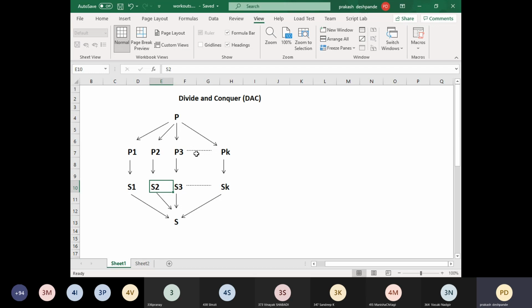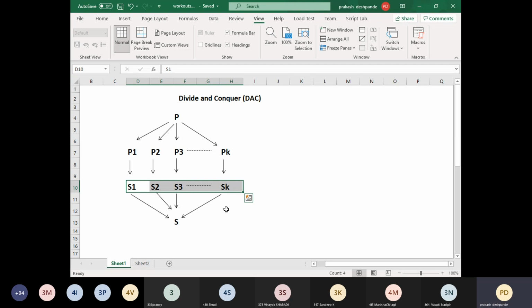Like this, for all the subproblems, if I know that I can get the solution, then I get that solution. We get different solutions, all for the different subproblems which we have divided. Now we have a set of solutions. What we need to do now is conquer them.